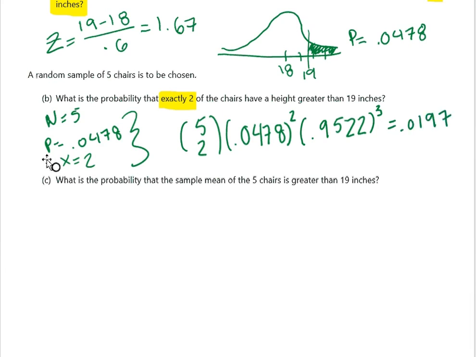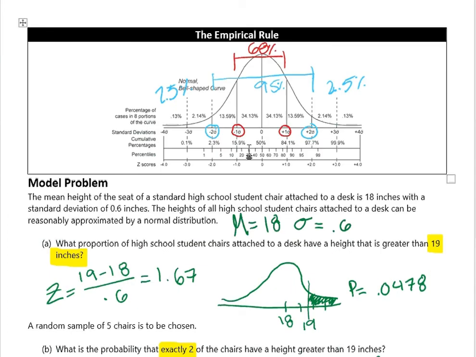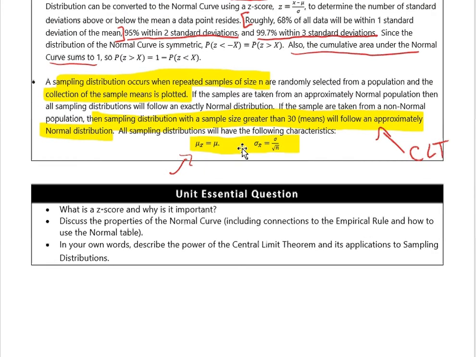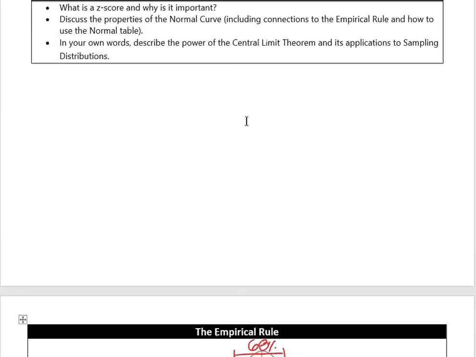All right, so this last little part says, what is the probability that the sample mean of 5 chairs is greater than 19 inches? All right, so this goes back into using this formula, right? I took a sample of my distribution. So here I would like the mean of all the samples that I took.